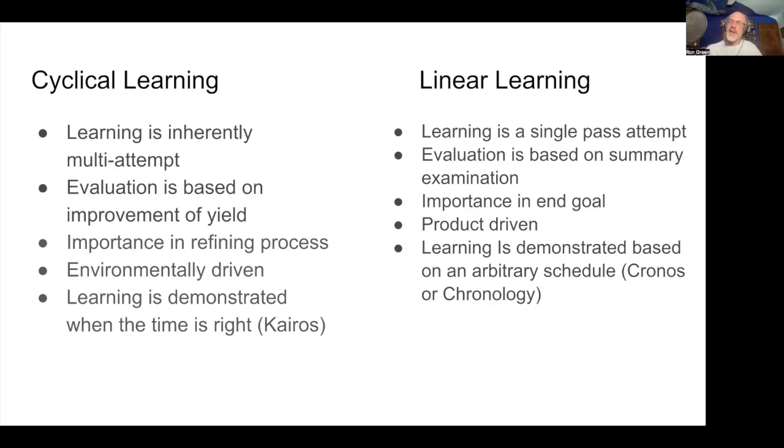In linear learning, learning is demonstrated based on an arbitrary schedule. So if we say your baby must learn to walk by 11 months, well, what if they don't? What happens if they don't learn how to walk? What if they walk by 12 months or by 13 months?